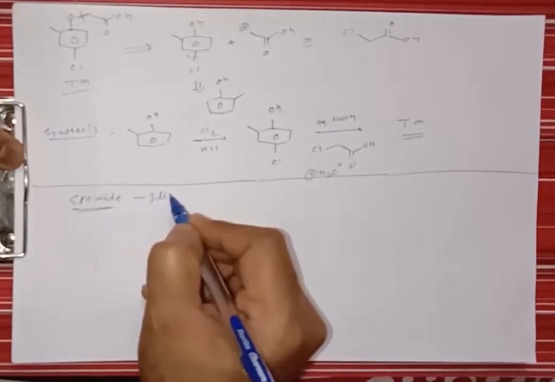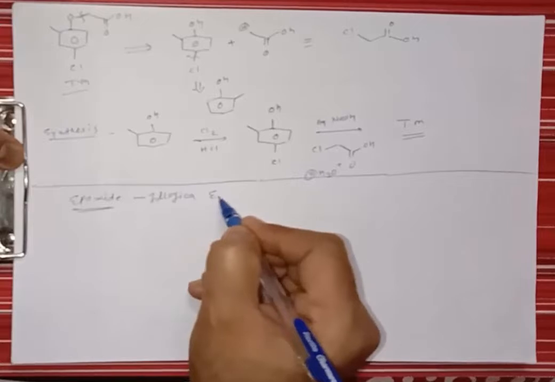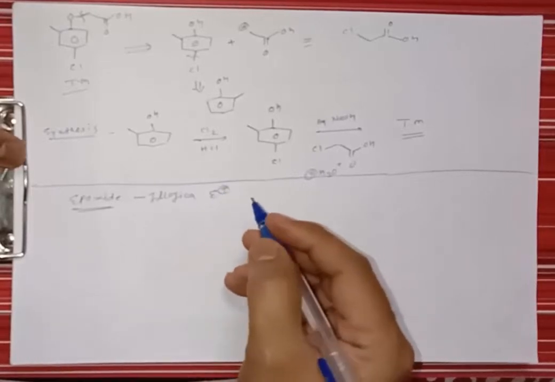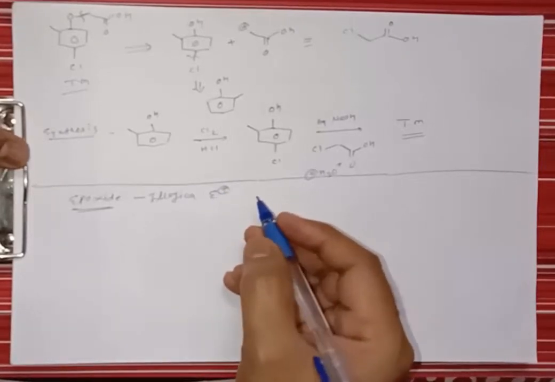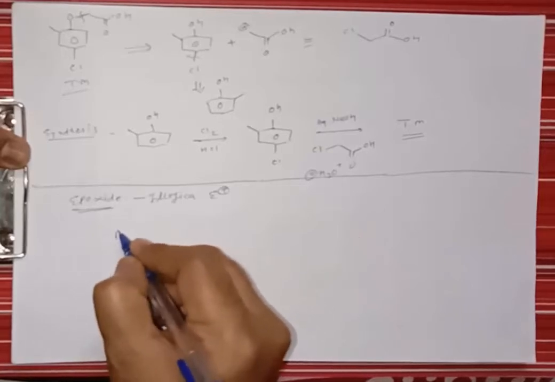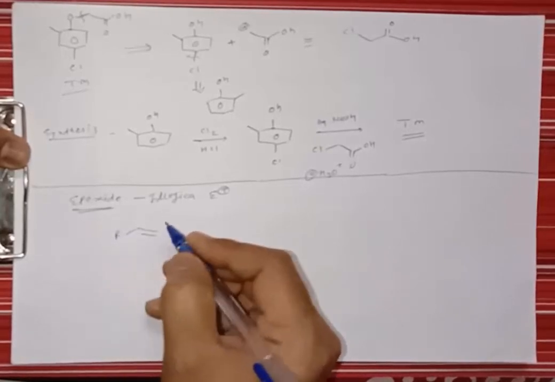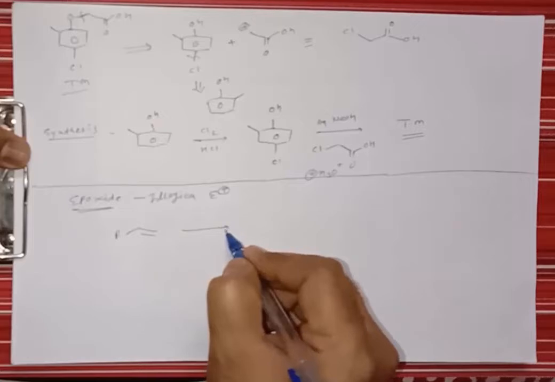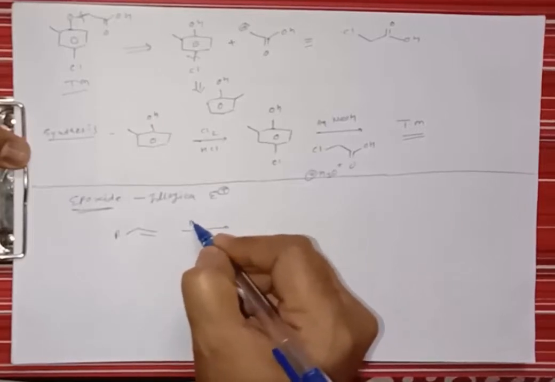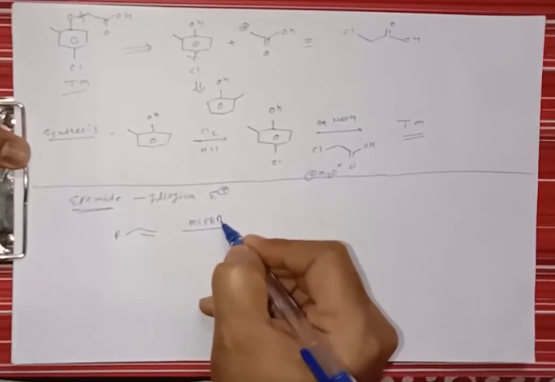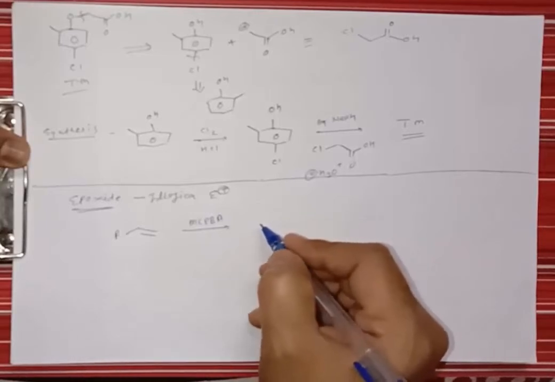Epoxide as an illogical electrophile. How does the epoxide become an illogical electrophile? Because if there is an olefin, it can be converted into an epoxide if we treat it with metachloroperbenzoic acid.